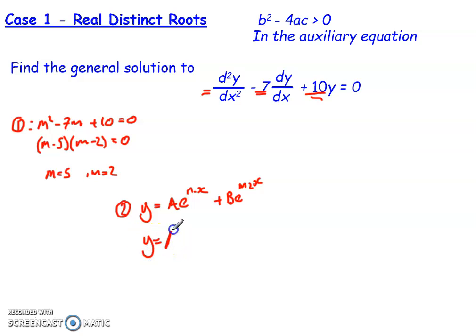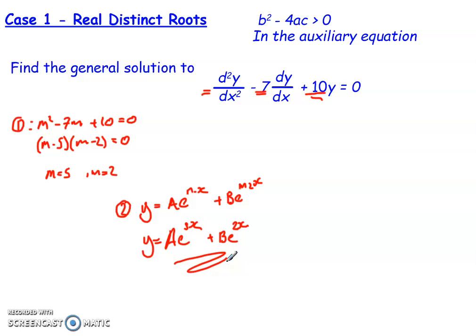So y equals a e to the 5x plus b e to the 2x. And that there is called the general solution. We've still got the arbitrary constants a and b, but we've got two parts of the solution. We've got our two powers, and there you go. If we were to substitute that in, we'd get a solution to the general equation.